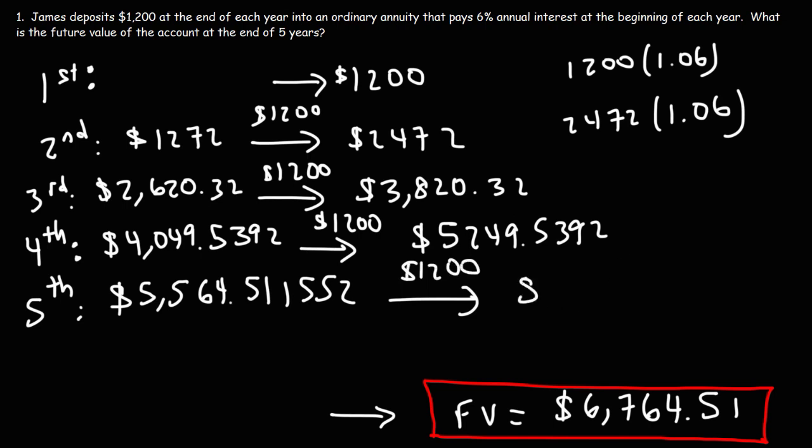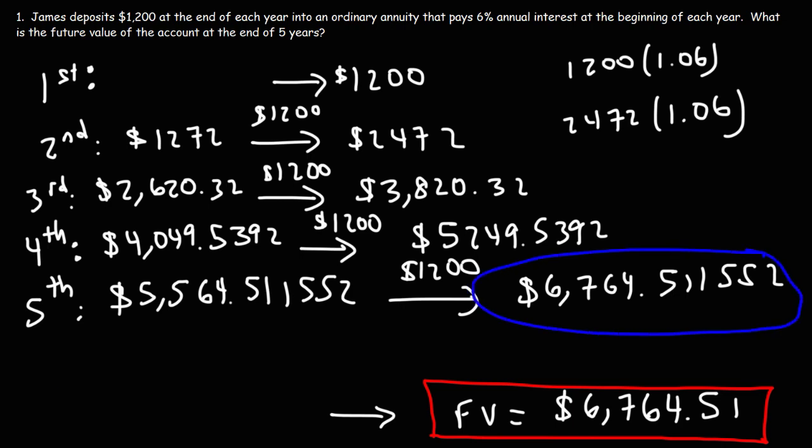And so his account value will be $6,764.51. So now you see from a step-by-step process how this number is calculated. So you can calculate it using a very tedious method, but one that will help you to understand how this number came about. Or you could use the formula to quickly get the answer, which is very useful.